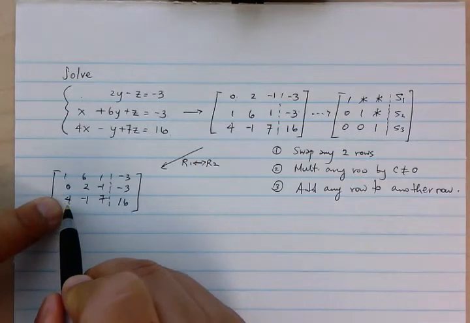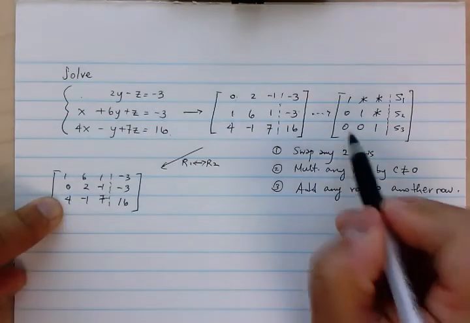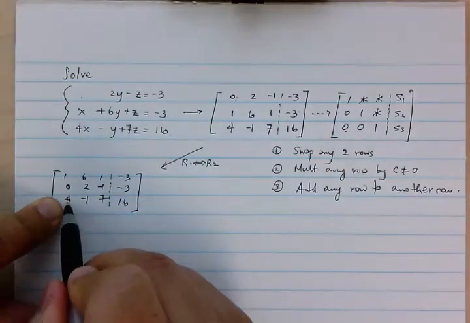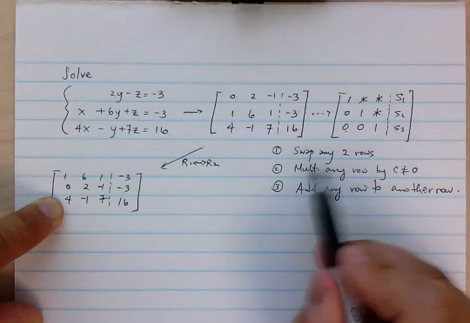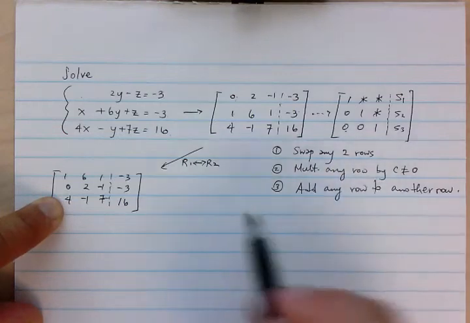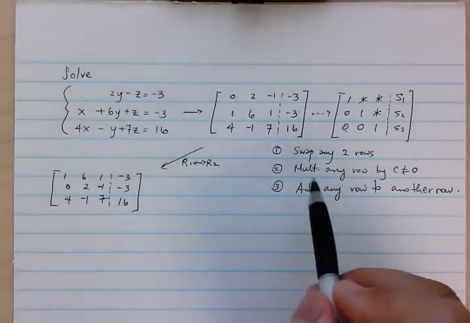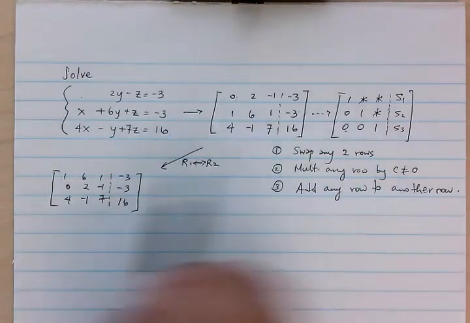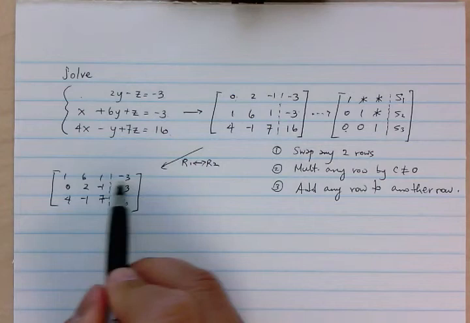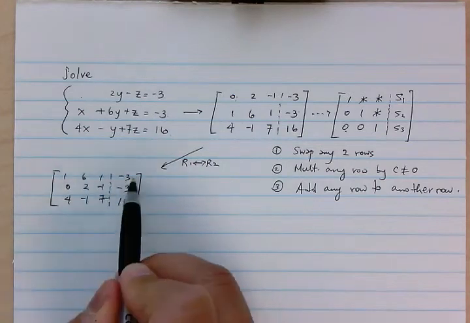This 4 is supposed to be a 0 right over here. In order for us to take this 4 and turn it into a 0, we can only use the 3 rules, and what we want to do in this case is use the rule that says that we can multiply by any row. Let's say we multiply this top row by -4.